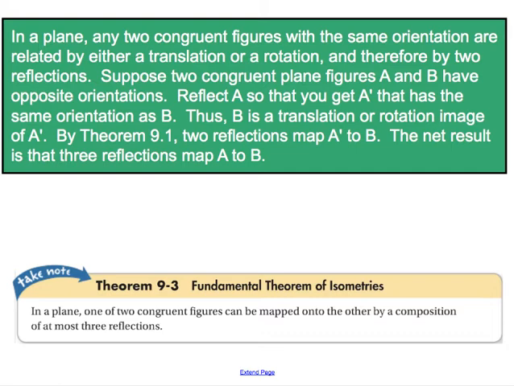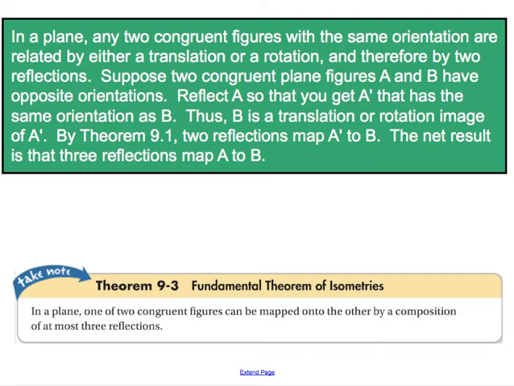And if we suppose that two congruent plane figures A and B have opposite orientations, then first we reflect A so that we get A prime that has the same orientation as B. Thus, B is a translation or rotation image of A prime. And by theorem 9.1, two reflections map A prime to B. So the net result is that 3 reflections map A to B.